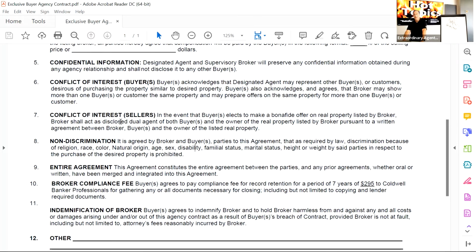Broker shall act as a disclosed dual agent of both the buyer and seller. Oh, by the way, in this scenario then, remember we said here's HRC at the top, and they have all the office, and there's all the agents and this agent. Well, obviously, it's the broker's contract.